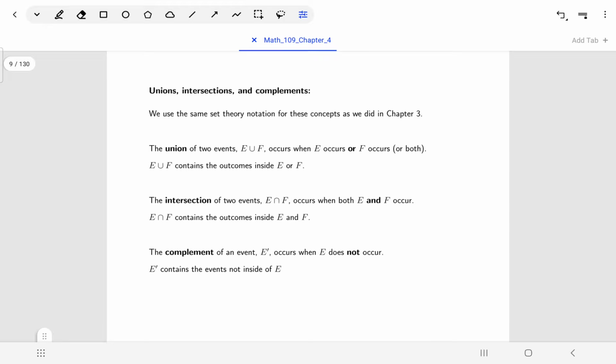If we're talking about one event or another or both happening, that's the union, exactly the same symbol as before with exactly the same meaning. Intersection would be E and F both occurring, where the two events overlap, same meaning, same symbol as before. And complement is the opposite of an event. Again, same meaning, same symbols as before.